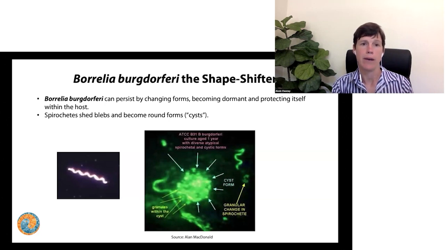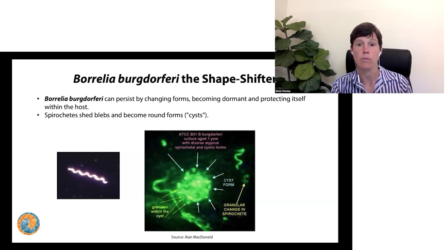And just a little bit about the Borrelia burgdorferi bacteria and the ways that it can hide in the body. So this is our shapeshifter. We see that spirochete on the left. So it's an interesting way that it exists and moves in the body. And that spiral nature of it, it can really get into certain tissues like the connective tissue, which it loves.